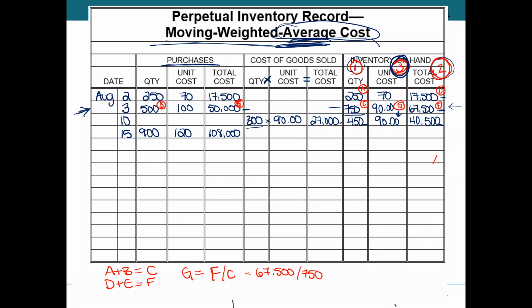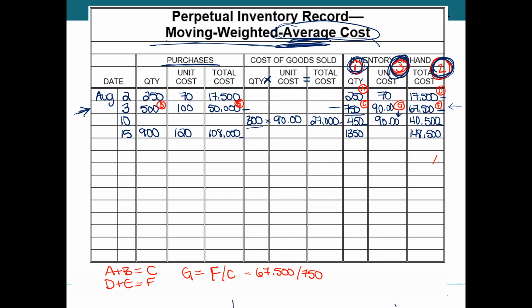We figure out our quantity first, and we're adding. So 450 plus 900 gets us to 1350. And then we always do the total cost second. So 40,500 plus 108,000. We are at 148,500.